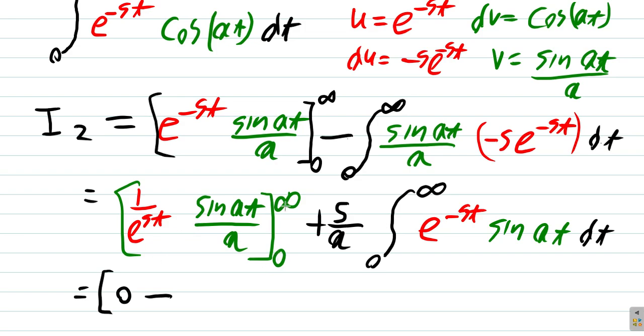It was infinity for the upper boundary, 0 for the lower boundary. So what we have is 1 over e to the st. S times t is s times 0 because t is 0. So this amounts to e to the 0, which is 1. 1 over 1 is 1, so just write 1 here.